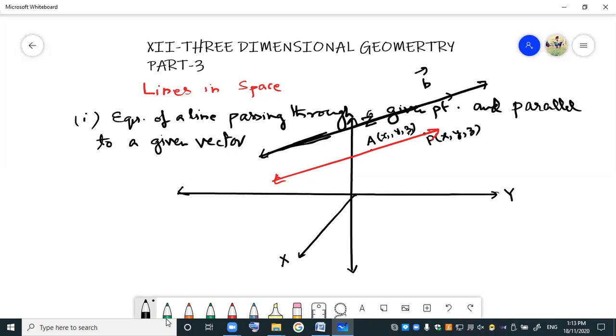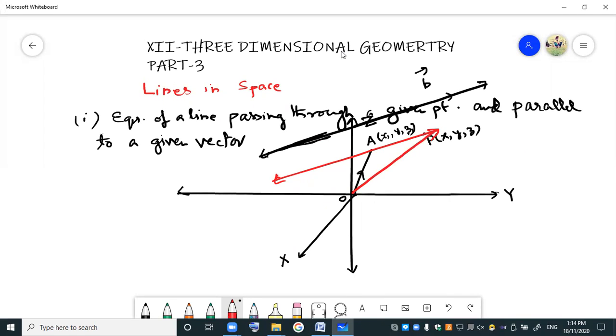From the origin to A, this is the position vector of point A. We are writing in terms of vectors first, and later on we will write in terms of Cartesian coordinates.